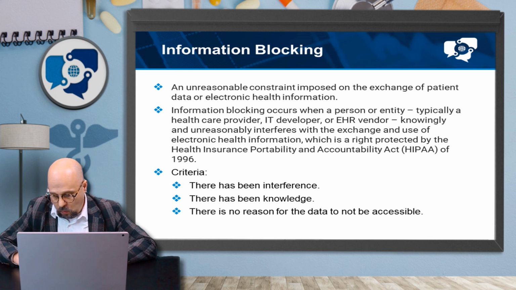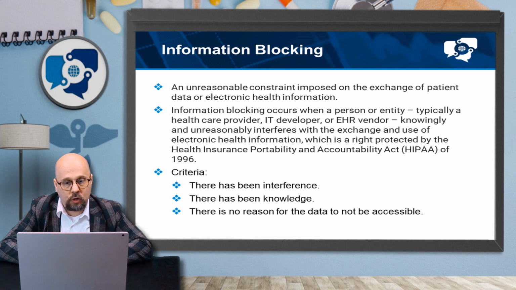Information blocking. We mentioned information blocking earlier, but many times, especially when we think about EHR records and patient data, there's an unreasonable constraint imposed on the exchange of that data. A lot of times that is done because of various different regulations.